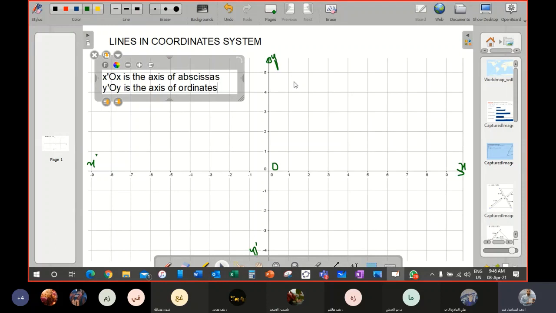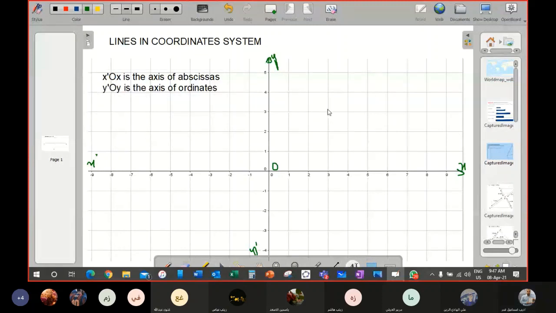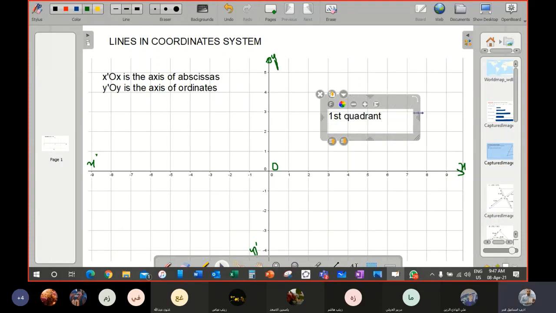Also, in this coordinate system, we can divide it into 4 quadrants. This quadrant here is called the first quadrant. And in the first quadrant, the abscissa and the ordinate are positive or negative? Positive.